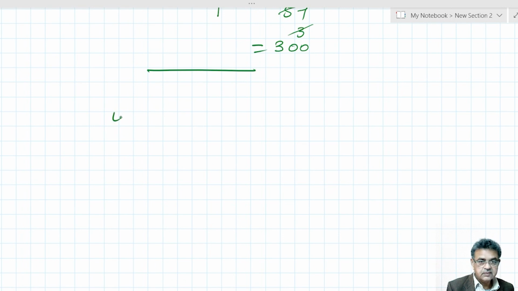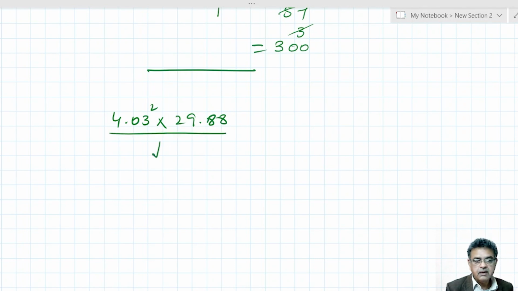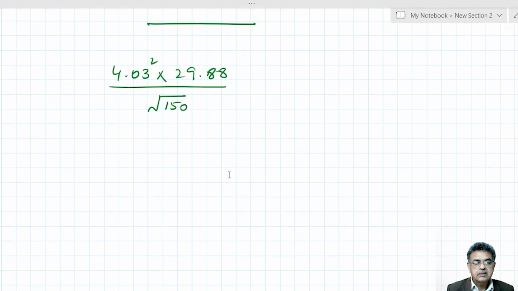Now this is 4.03 squared multiplied by 29.88 divided by the square root of 150. What is the perfect square near 150? That is 144.